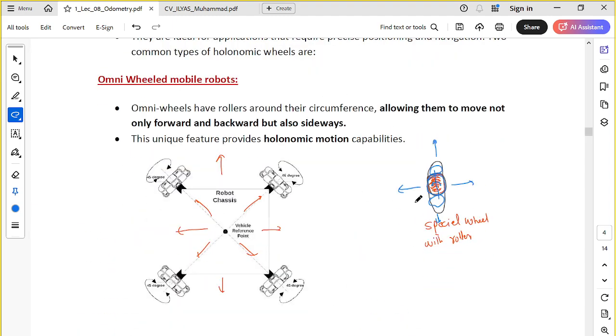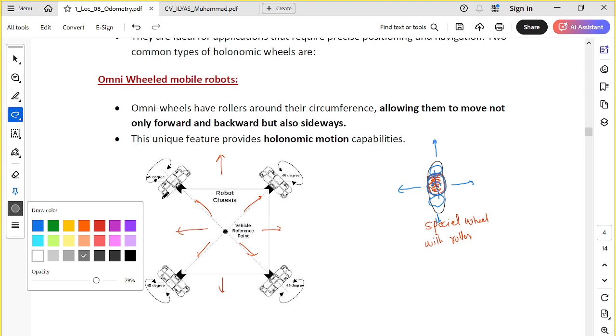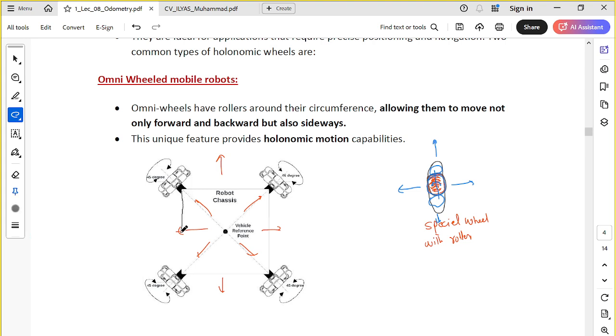For example, in this type of design people have done, they have this chassis over here, and then they attach four wheels on the diagonal.